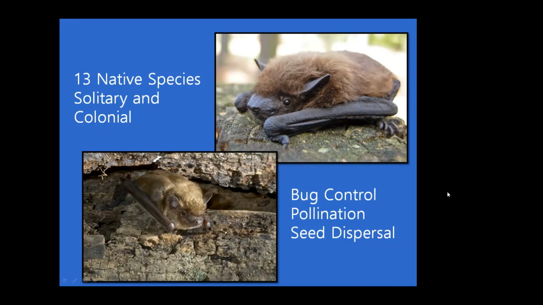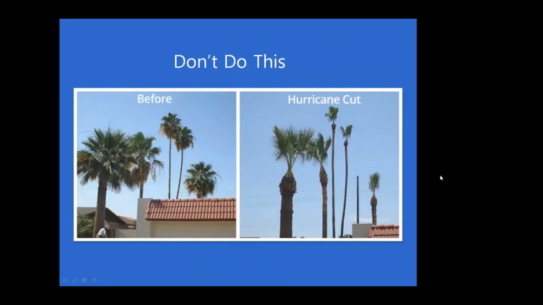Do not handle it because they might be just sleeping. And there are cases of people getting rabies. But all in all, these are our friends. I'm preaching to the choir. I don't need to just tell you about this. You know this.